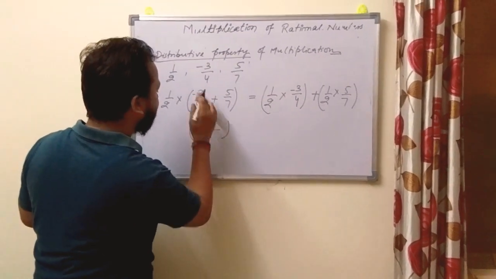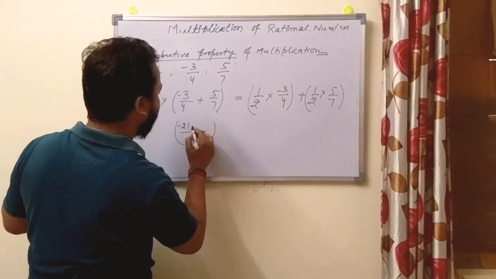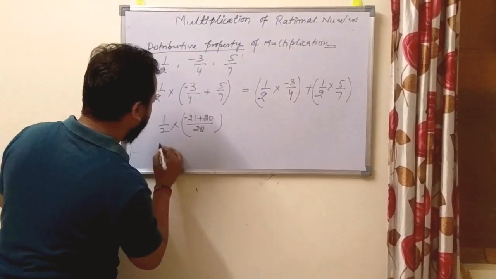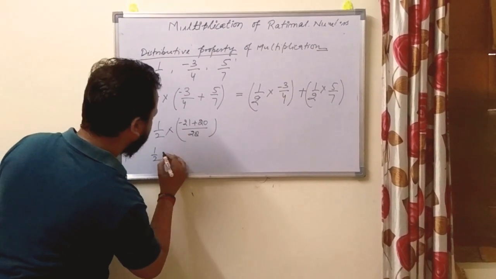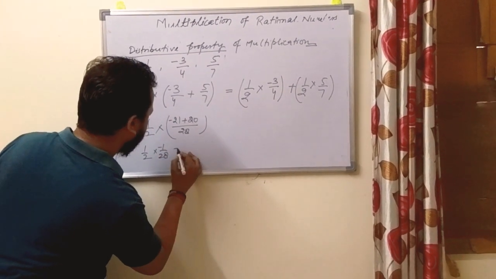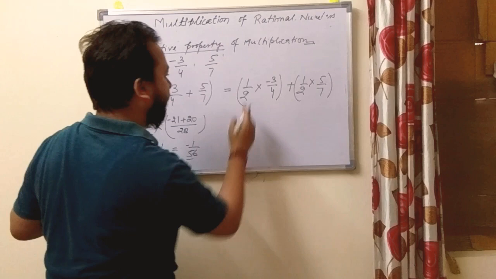4 7s are 28, 7 3s are 21, 7 4s are 28, 5 4s are 20. So here 21 and 20 difference is 1. 1 upon 28 minus. So minus 1 by 56.